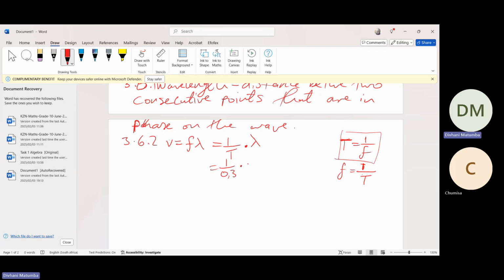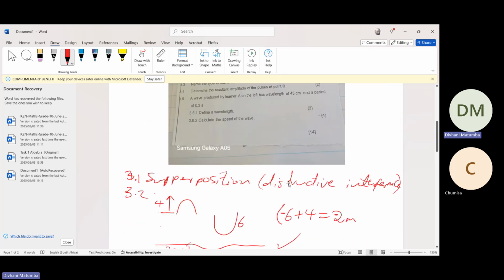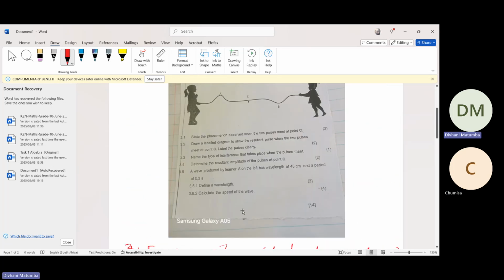What are the units for wavelength? I forgot, sir. Wavelength, first of all, is a length. It is measured in meters, and the period in seconds. So let's go back to the question and check if they are all given in their respective units.